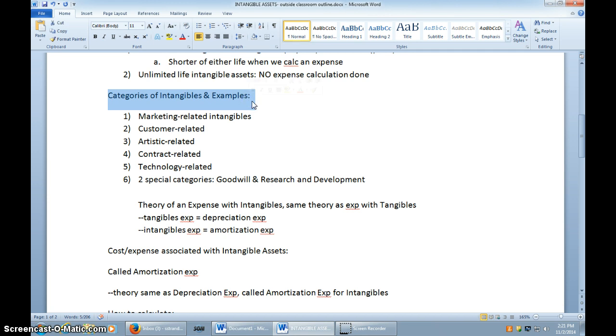So I'm going to go back up to when we were talking about the categories of intangibles, and I said I would come back with some examples of what these types of assets are. For marketing related intangible assets, typically we're talking about trademarks and trade names.